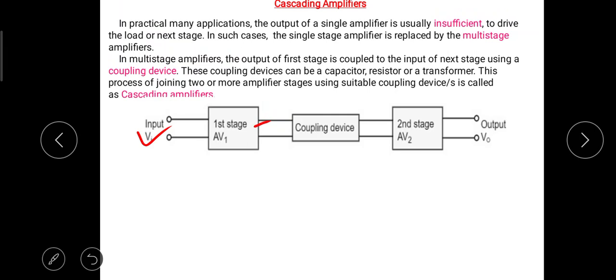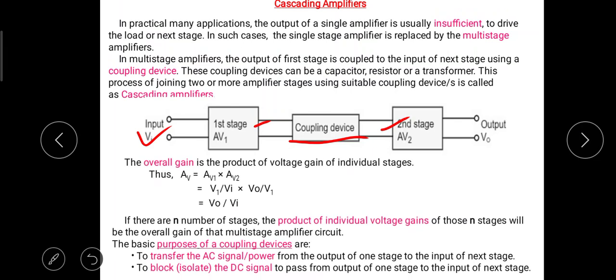This output is connected to the input of the second stage through this proper coupling device, and that's why these two amplifiers are called cascaded amplifiers. That means they are coupled to each other by some proper method.